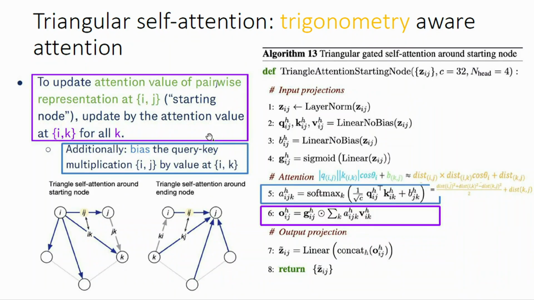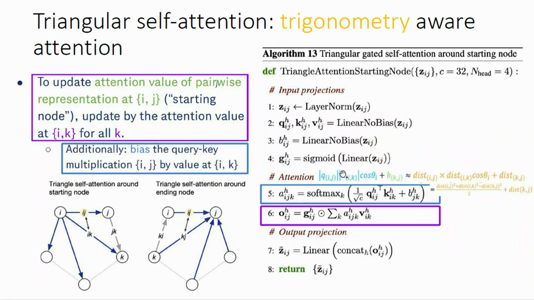And secondly, we apply attention to further aggregate information, and this triangle-aware attention applies here, where instead of normal attention between ij and jk, we have an additional bias term coming from the third edge in the triangle. Why this preserves the triangle inequality: consider the first term as the cosine, basically an approximation of the lengths of the two edges multiplied by the cosine of that angle.